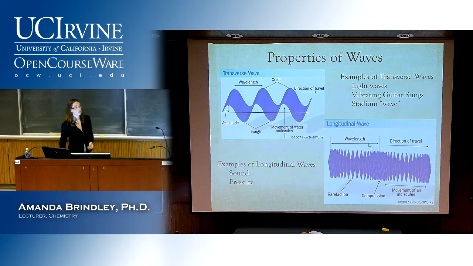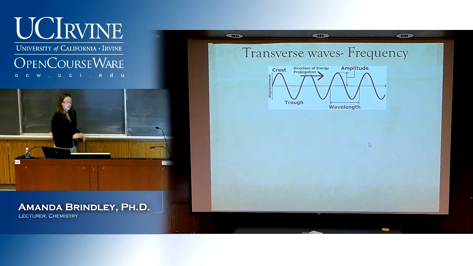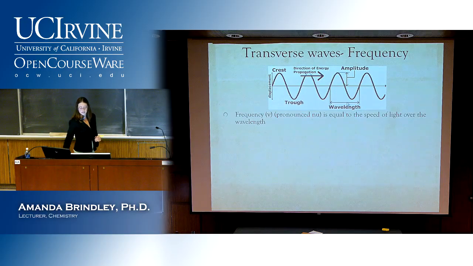Now a little bit more about transverse waves and exactly what you're going to need to know in this class. Here we have a simpler picture of it. Once again, we see the amplitude and the wavelength. Now we have something else, and that's called nu, or frequency.